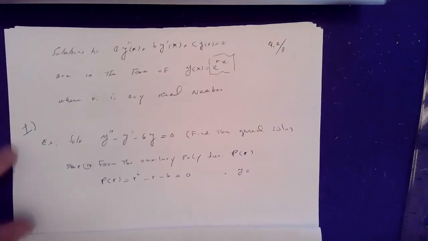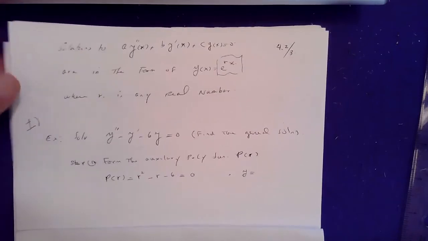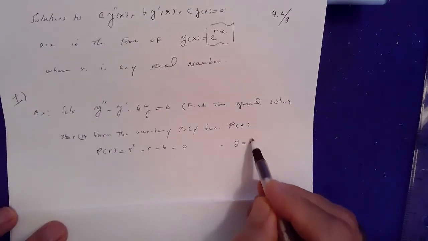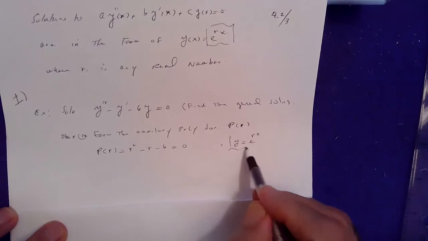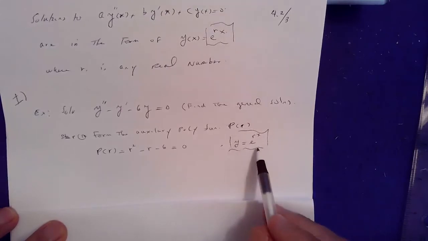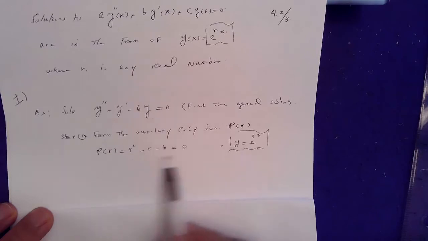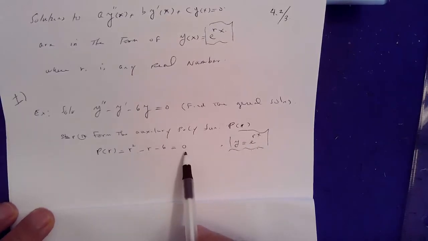That's where it came from. The claim was e to the rx is the solution. So I took two derivatives of this and substituted here. Then I factored out e to the rx, and this is what's left of it.